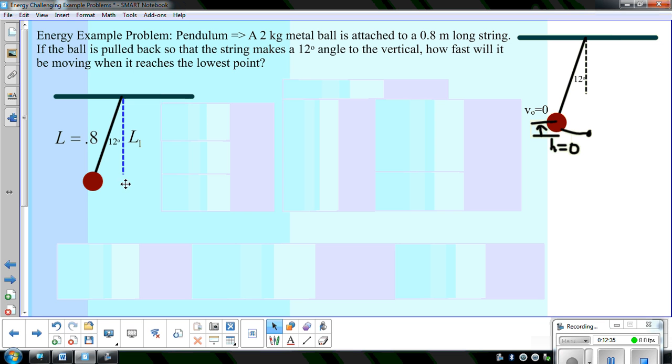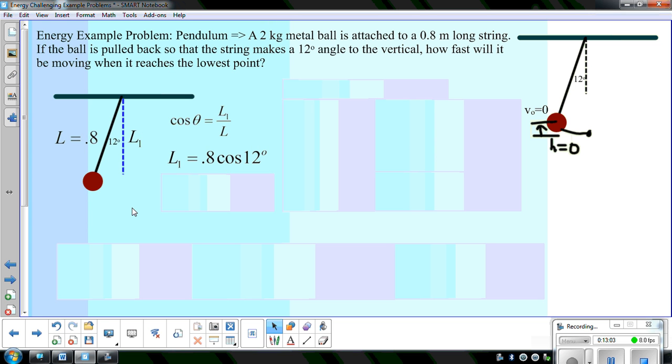So going through that process, if we know that this is at a 12-degree angle and this length is 0.8, similar to before, our L1, or the length of the string in our first situation, is adjacent to the 12 degrees, so cosine theta would equal what I've labeled L1 over L, the hypotenuse.